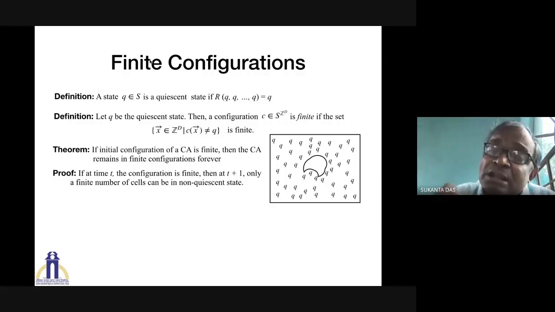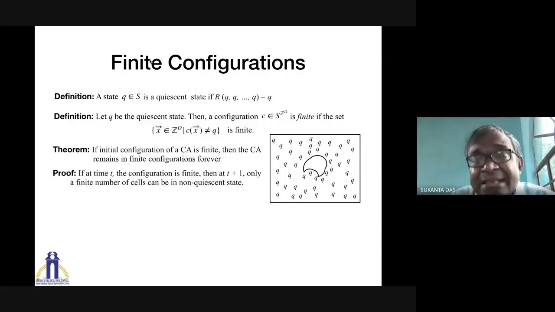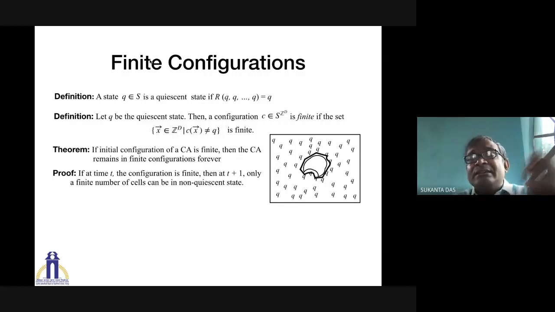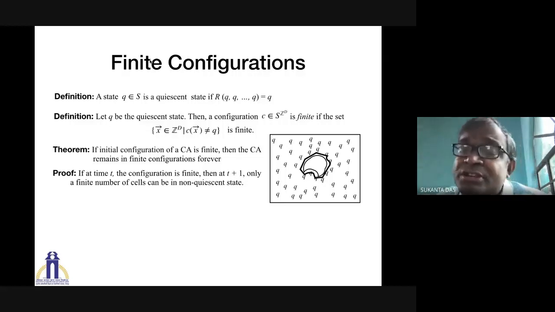Now since only a finite number of cells are in non-quiescent state, then in the next step, only these many cells, the dark black lines I have drawn, at most can be in non-quiescent state. So t to t plus 1.